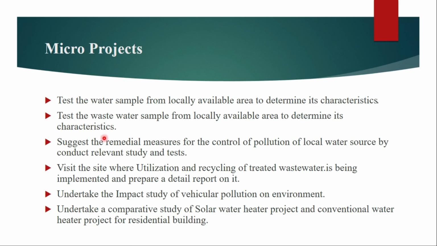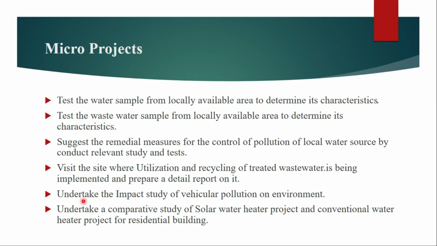Then third is to suggest remedial measures for the control of pollution of local water source by conducting relevant study and test. Then fourth one is to visit the site where utilization and recycling of treated wastewater is being implemented and prepare a detailed report on it.